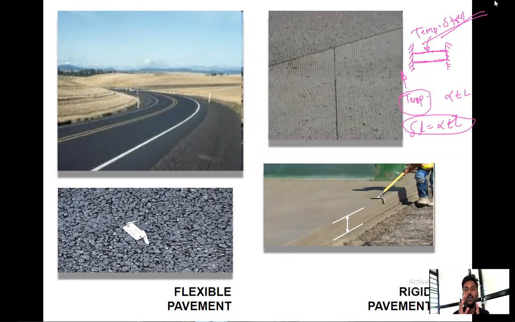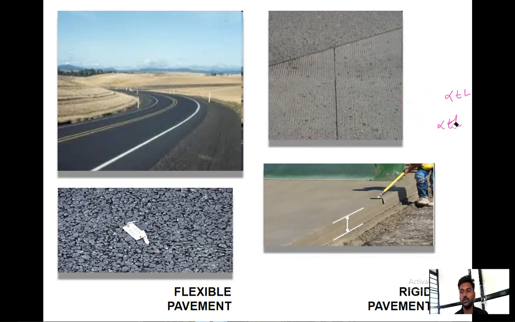So we need to give the longitudinal and transverse joints to the roads to avoid cracks on them. These joints are provided on the rigid pavement to avoid cracks due to the temperature stresses. Understood?